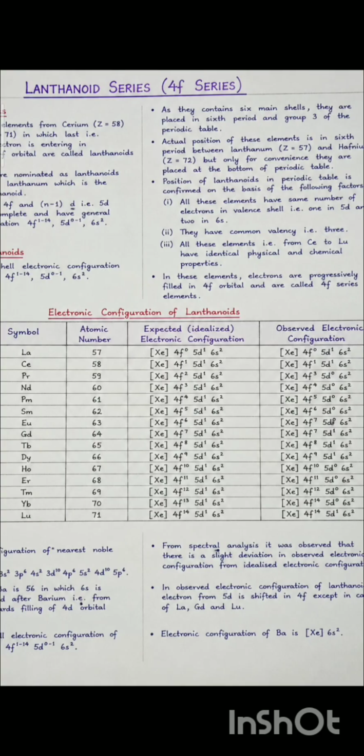And lanthanum shows, in addition to plus 3, plus 2 and plus 4, and plus 3 as the common oxidation state by losing 2 electrons from 6s and 1 electron from 5d or 4f. The total numerical charge assigned to the atom of an element in a molecule is called oxidation state.